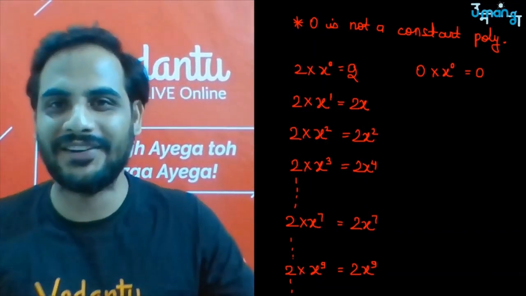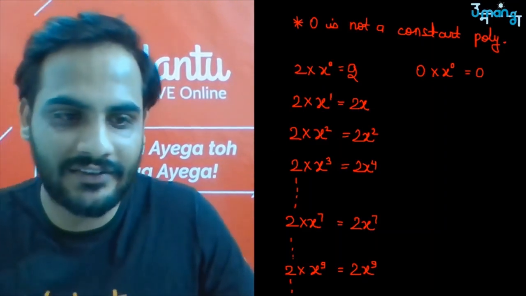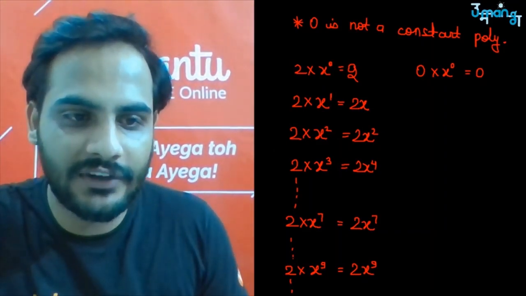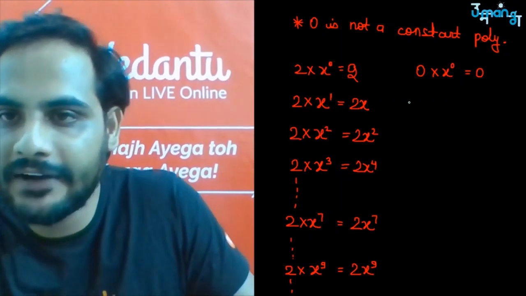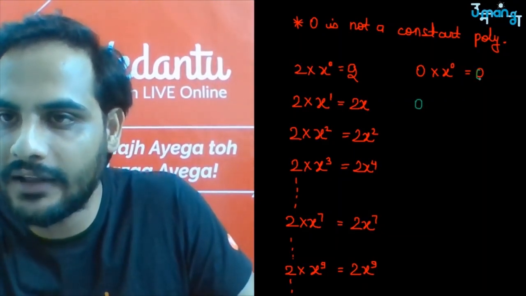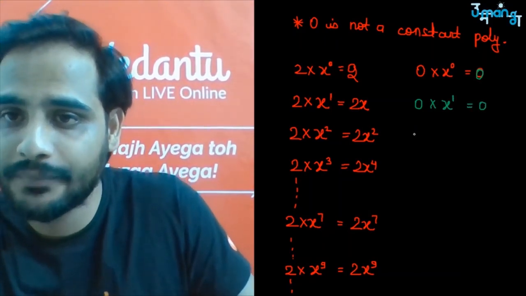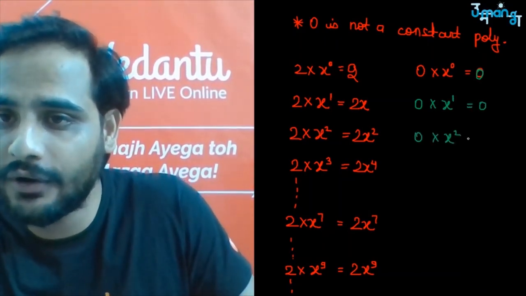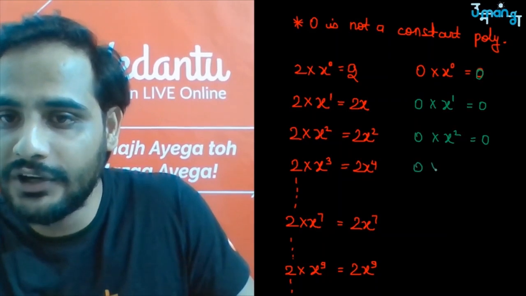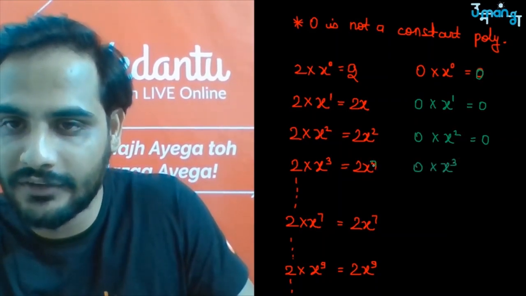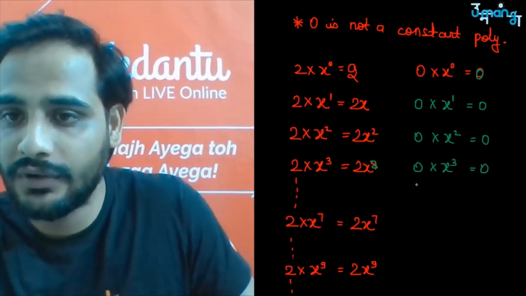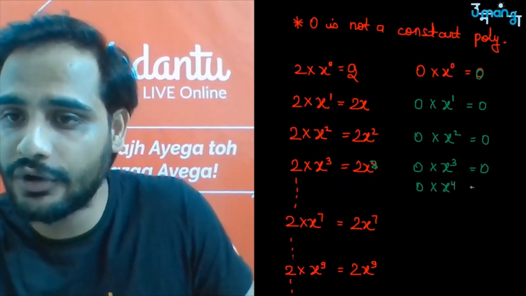What happens with 0? It's very interesting that in the case of 0, every time you multiply 0 with x, your answer is 0. 0 with x raised to the power 1, your answer is 0. 0 into x square, your answer is 0. 0 into x cube, your answer is 0. 0 into x raised to the power 4, your answer is 0.